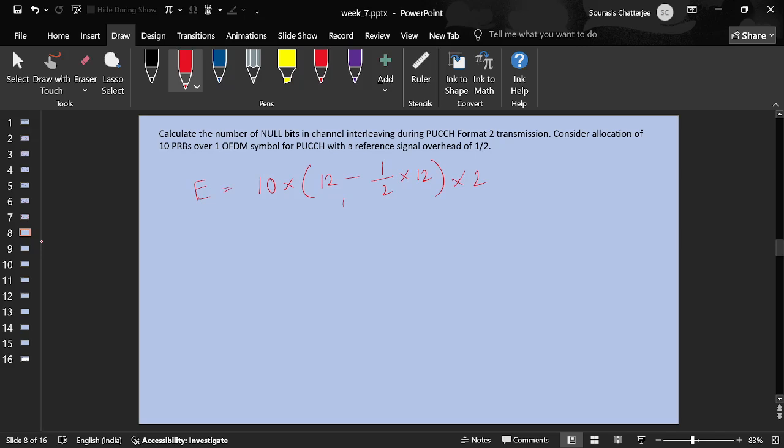Okay, but I guess in the lecture the professor mentioned that they will go separately: the data part will go through LDPC processing and the control information will go through polar encoding, and they will be multiplexed of course at the next stage, but underlying they go through different encoding processes, if I am not wrong.